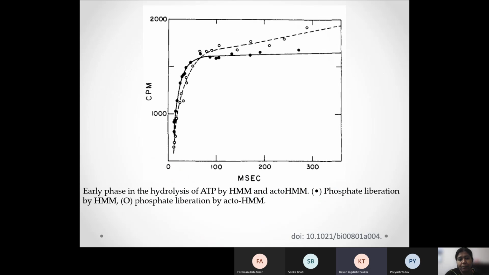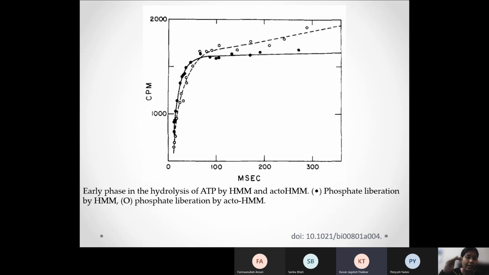We had seen this classical paper where they were looking at myosin heads, and they found that just having myosin heads is enough to induce ATPase activity. So it can bind and hydrolyze ATP. It does not need actin for this. Even in the absence of actin, myosin is able to hydrolyze ATP. But although it can hydrolyze ATP, it's a very rapid hydrolysis that plateaus.